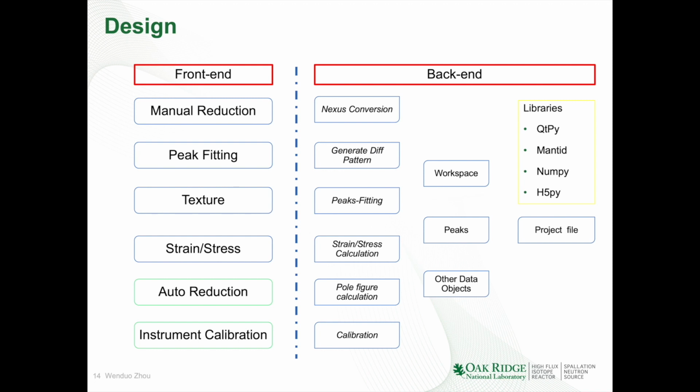They include neutron events, diffraction patterns, the peaks with all the parameters, sample logs, and other data objects. Reduction algorithms are built upon these data structures for the reduction workflow. They include NeXus conversion, diffraction pattern generation, peak fitting, strain stress calculation, pole figure calculation, and instrument calibration.